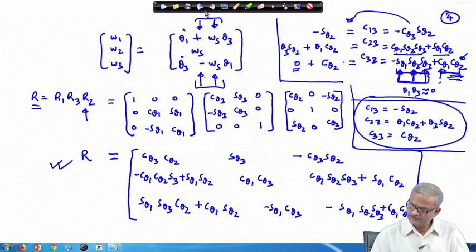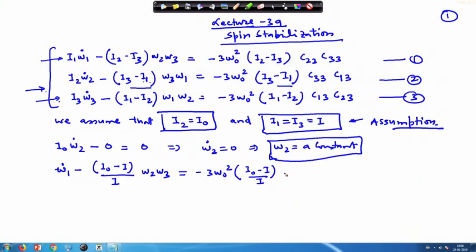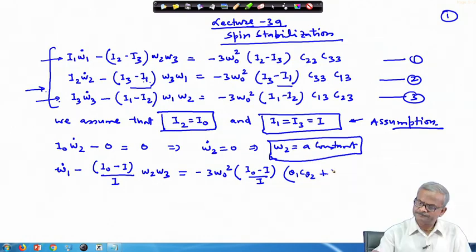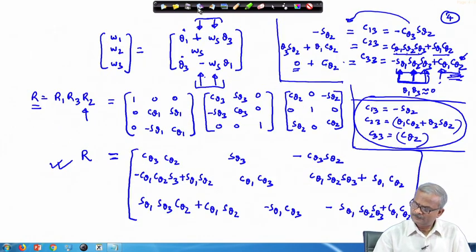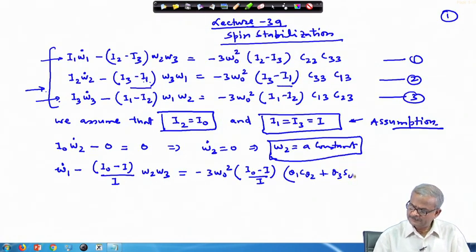So, we pick C 2 3 and C 3 3 from this place and insert them there: theta 1 c theta 2 plus theta 3 s theta 2.